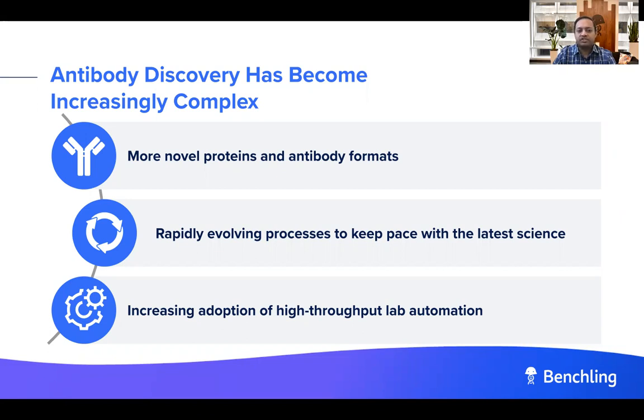The processes for screening and discovering new antibodies are constantly changing. Scientists are constantly refining the discovery platforms they have in place to find better drug candidates faster. Finally, there is increasing reliance on lab automation to increase throughput, improve productivity, and achieve greater efficiencies.